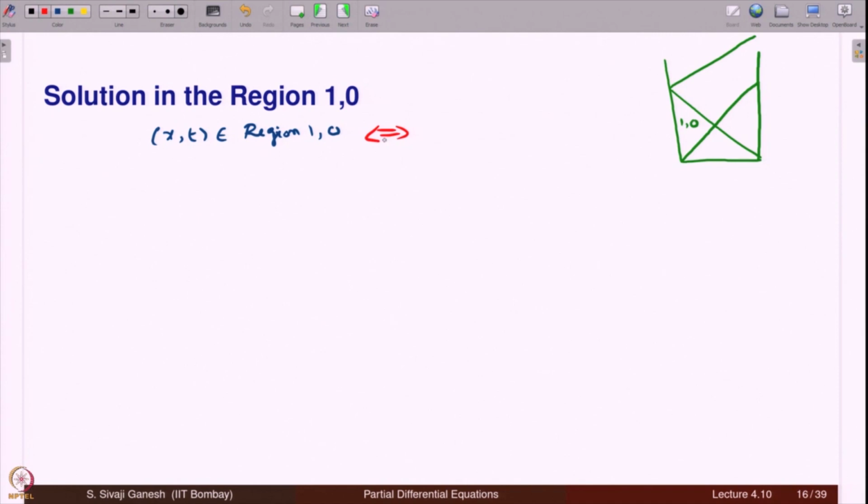It says something about x minus t and x plus t. This is x minus t equal to 0, this is x minus t equal to 1, it lies between that. So, minus 1 less than or equal to x minus t less than 0. This is x minus t equal to 0, this is x minus t equal to minus 1. And what about x plus t? This is x plus t equal to 0, this is x plus t equal to 1.